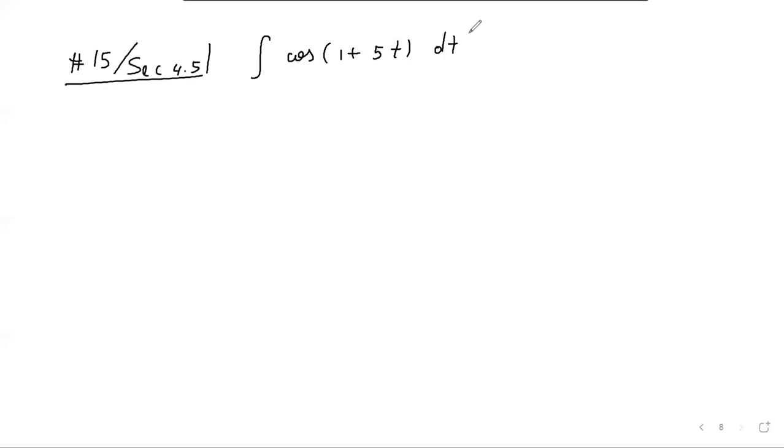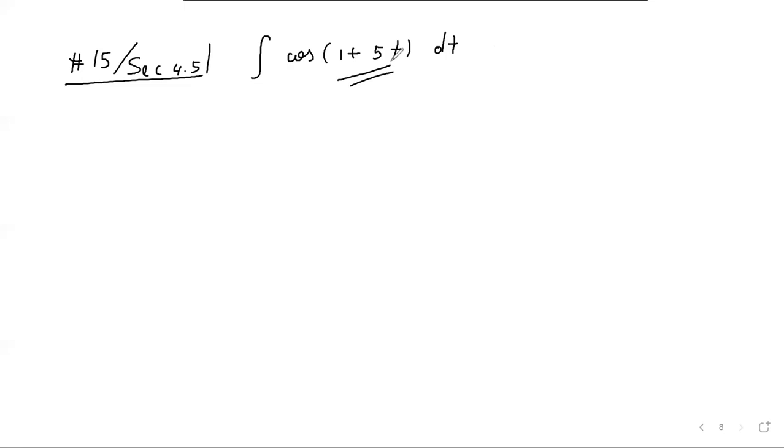And what do we do? So here's the second technique, folks. When you have a trigonometric function and the argument of that trigonometric function is something complex, let's make the argument of the trigonometric function into our substitution.